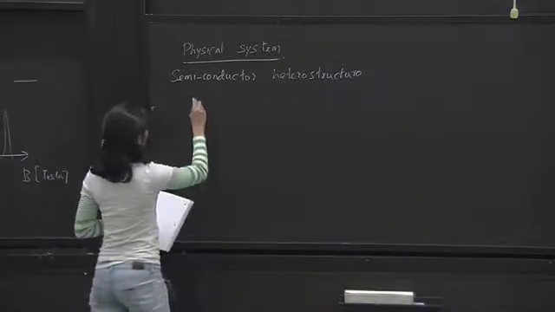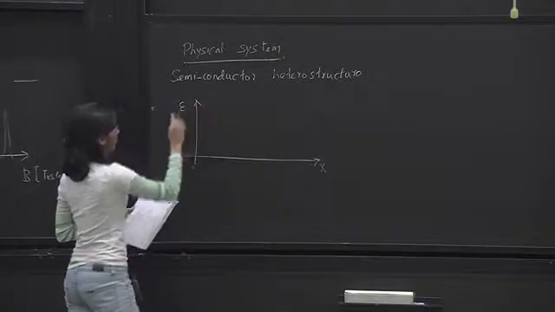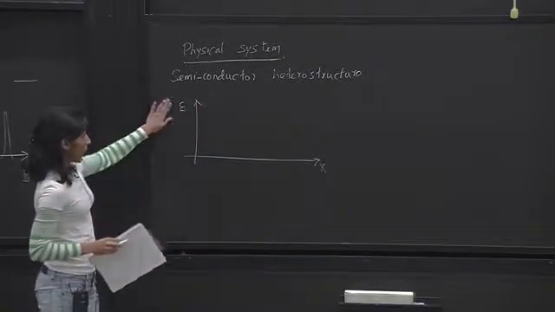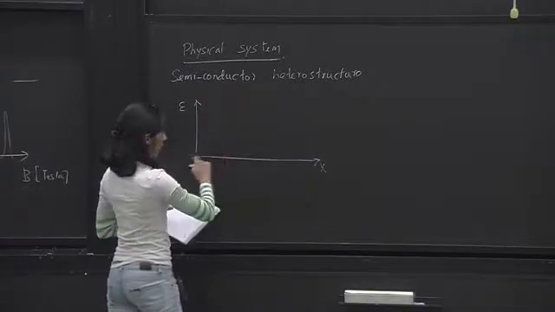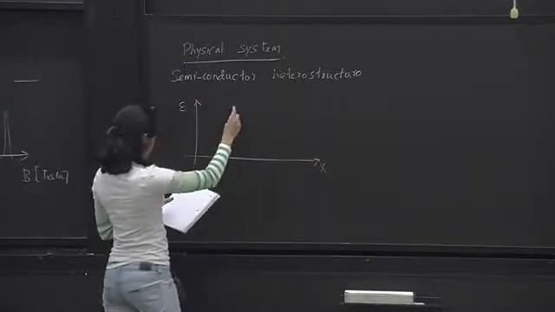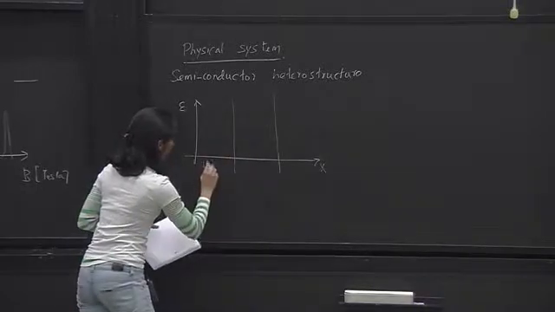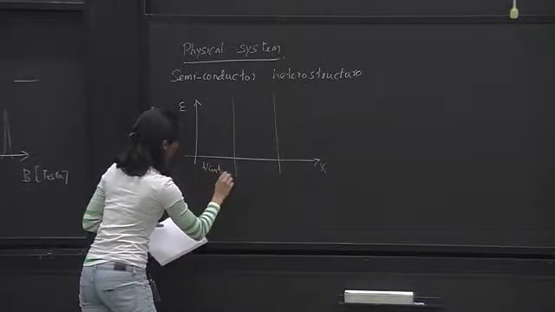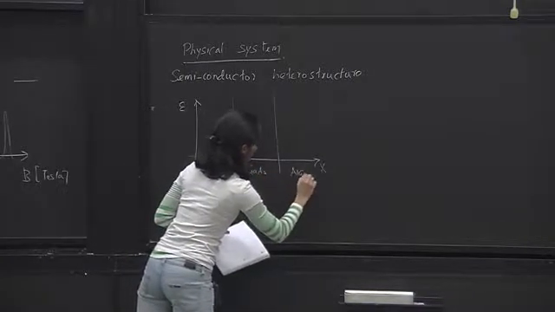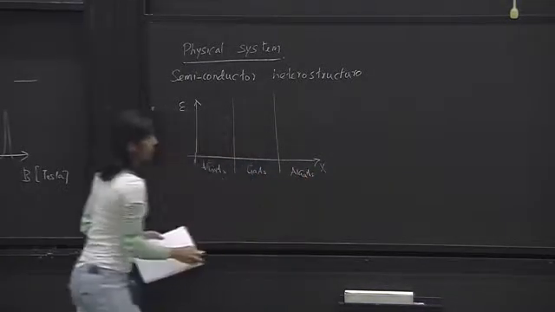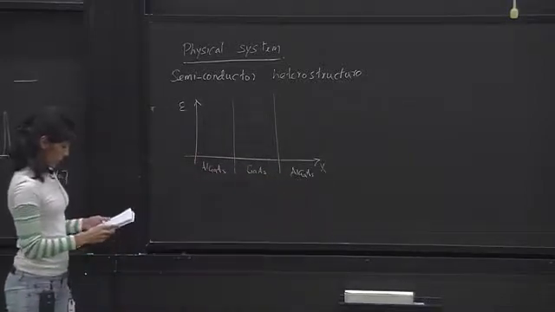So if I plotted the bands of the system, just the conduction and the valence band versus the layer, there are 3 layers. This is like aluminum gallium arsenide. So gallium arsenide is sandwiched between 2 layers of aluminum gallium arsenide.